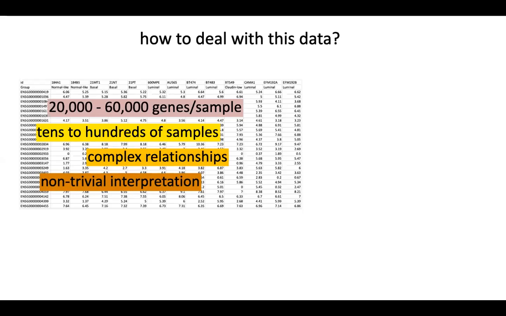In statistics, we say that this sort of correlation is multidimensional correlation, and we are going to talk about how to deal with this data. This kind of data is available on NCBI for you to do your own research.